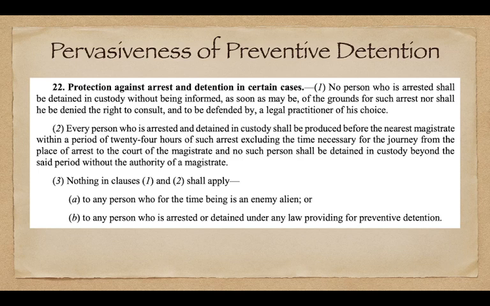Clauses 1 and 2 do not apply to enemy aliens and to any person arrested or detained under any law providing for preventive detention, which means that as long as you have been detained under a law enacted by Parliament or by any other state legislature, then those first two clauses about being informed of the grounds, etc., and about approaching a magistrate within 24 hours no longer applied.